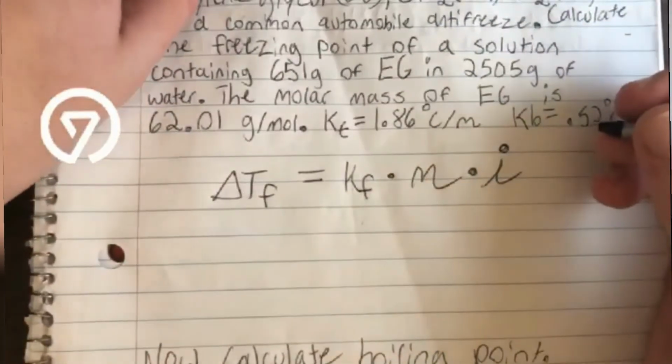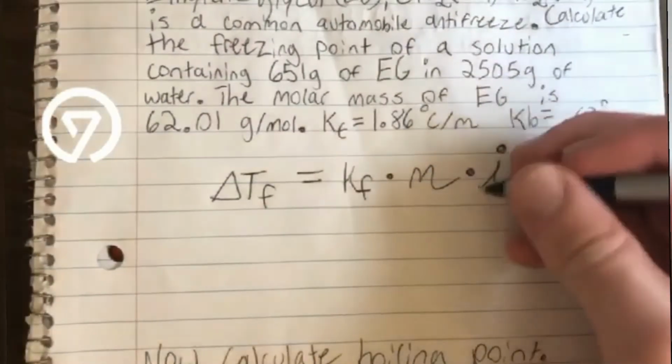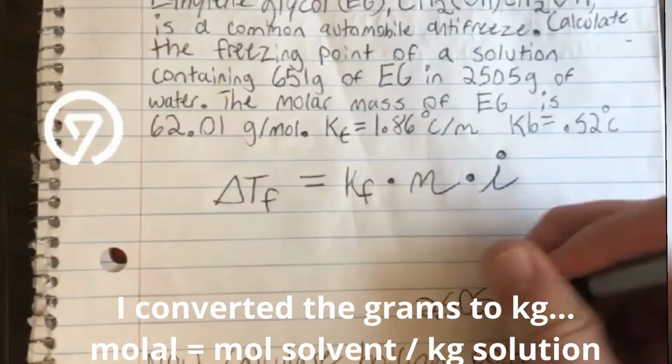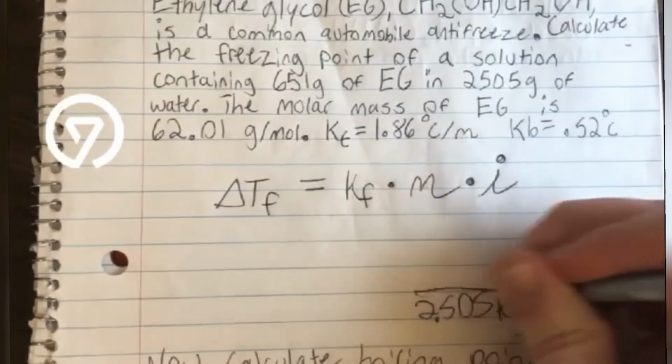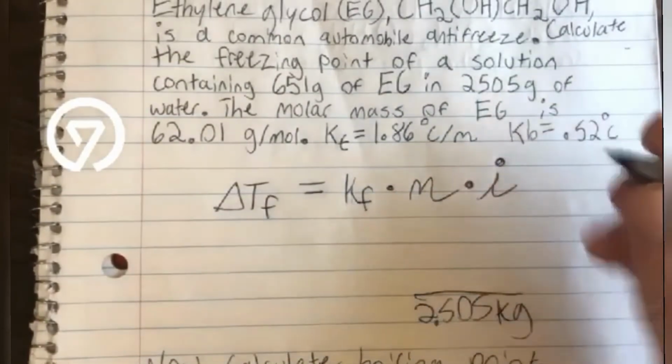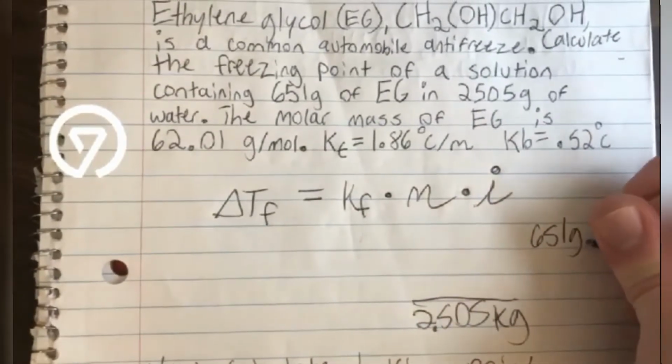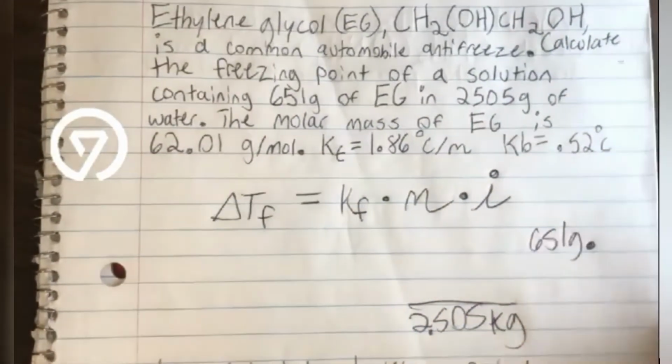So the easy thing, let's calculate the molality first. I'm just going to get this out of the way. So we have the denominator, right? And now we just need the numerator. So ethylene glycol, and I'm sorry, but this is another molar mass we're just going to have to look up.